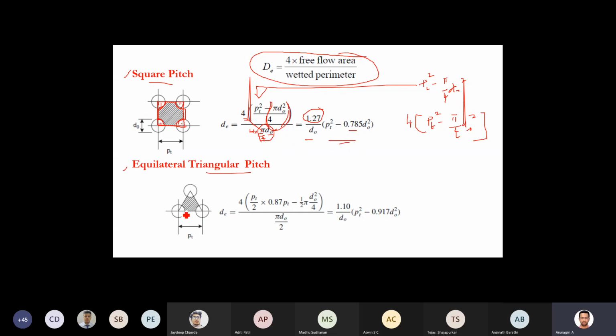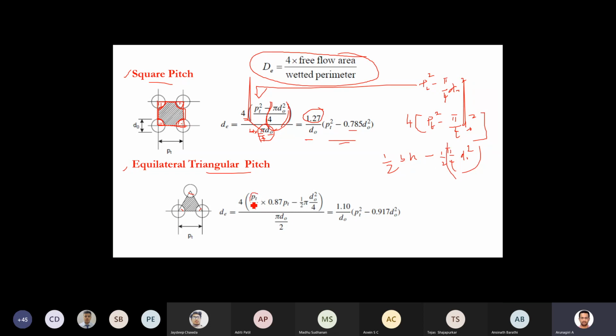For triangular pitch, the same way you can do. That is 4 times the flow area, where the flow area is the cross-sectional area of this triangle, 1 by 2 BH, minus the circle portions. This is 60 degree, 60 degree, 60 degree, total 180 degree. So 1 by 2 of pi by 4 D naught square. Of BH, what is B?